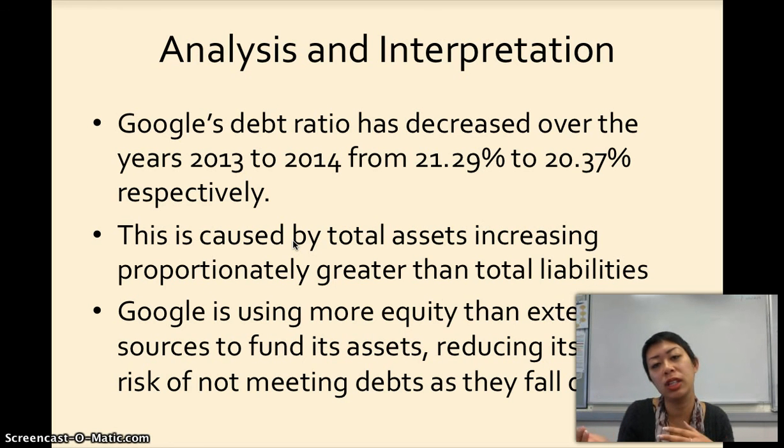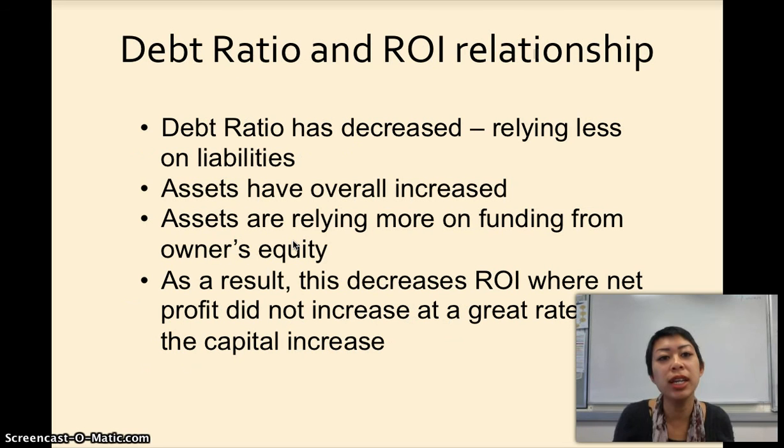And this actually affects return on owner's investment. So remember before when we looked at return on owner's investment, it had decreased. So looking at the summary of the debt ratio and ROI relationship, now we've looked at the Google example, debt ratio has decreased, so they're relying less on liabilities as a percentage, but assets have overall increased. So this extra money they use to get more assets is coming from owner's equity.